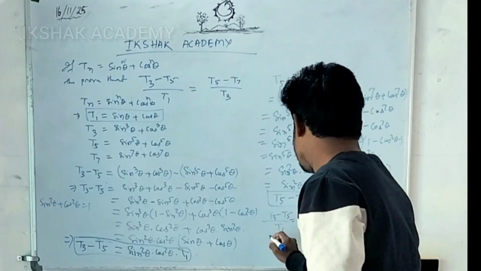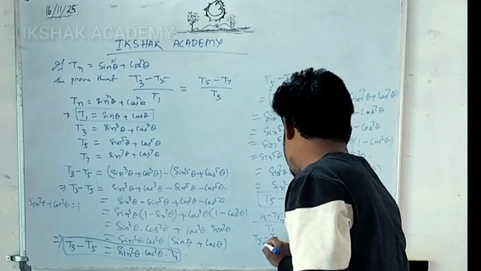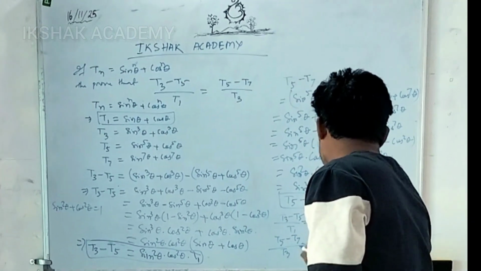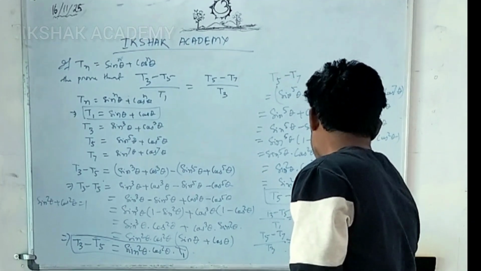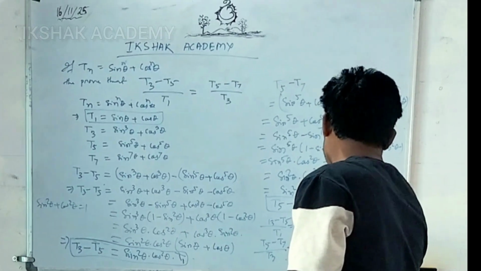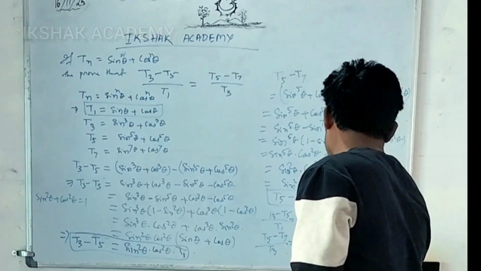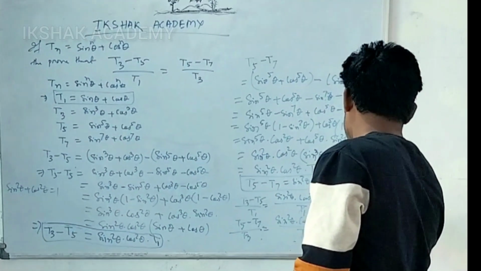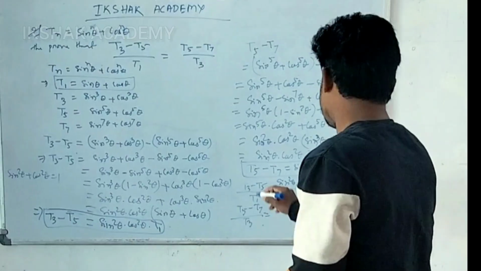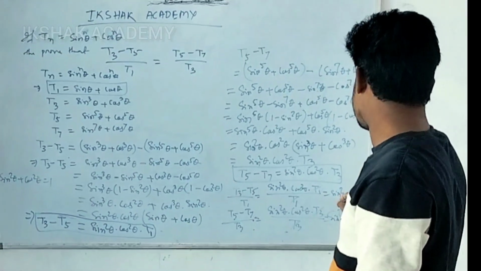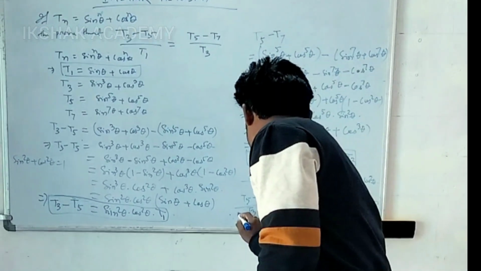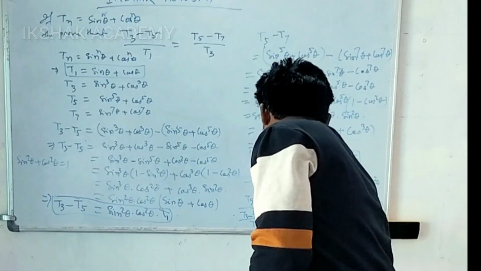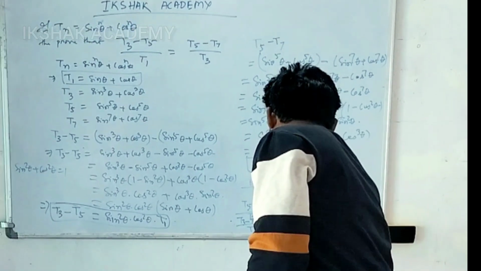Then T5 minus T7 by T3 is sin square theta into cos square theta into T3 by T3. T3 will be cancelled out, leaving sin square theta into cos square theta. So in both cases, the result is sin square theta and cos square theta. Hence, this is proved: T3 minus T5 by T1 is equal to T5 minus T7 by T3.